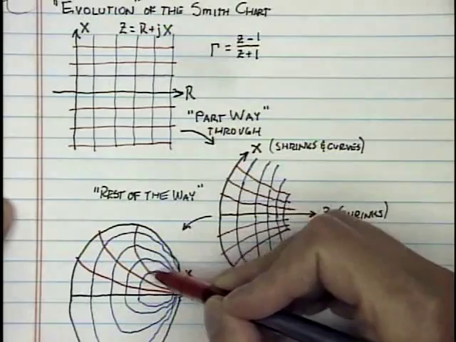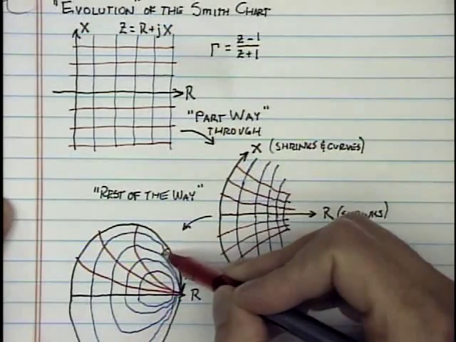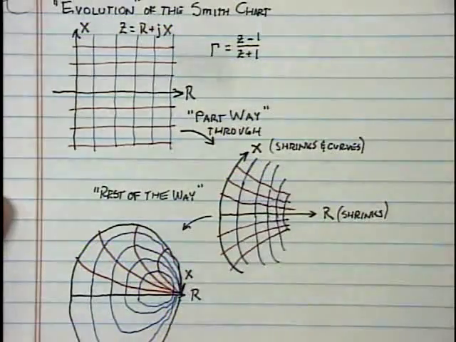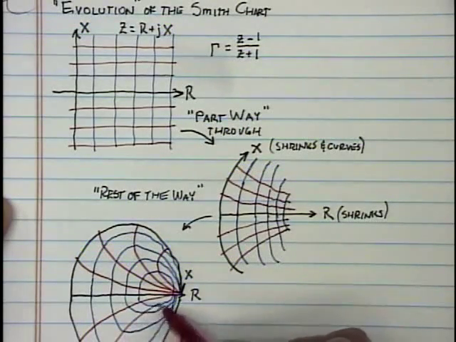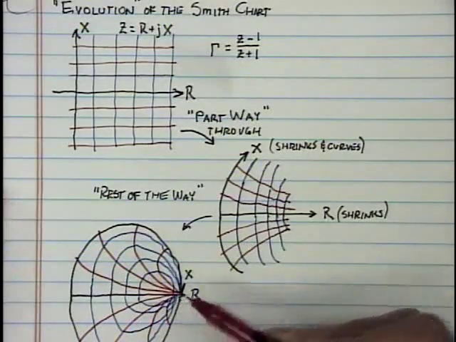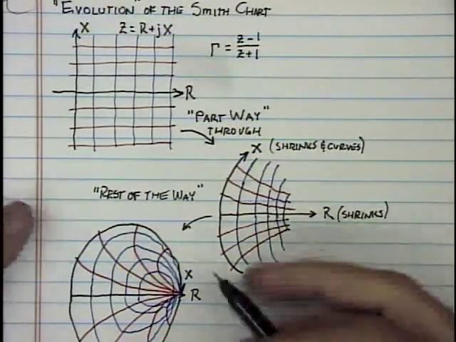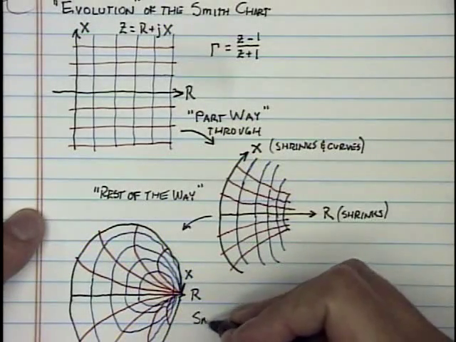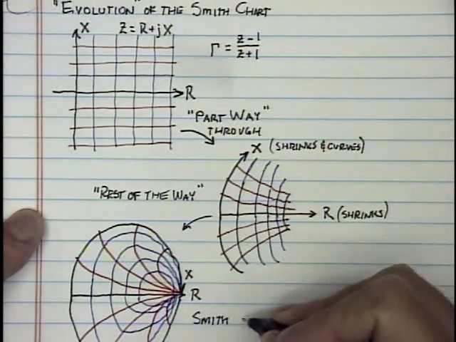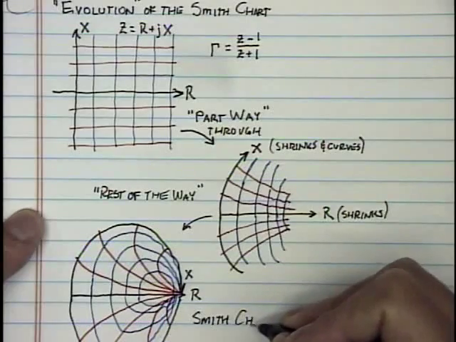They still intersect the blue curves at right angles. May not look like it on my drawing, but check out a Smith chart and you can convince yourself of that fact. They end up looking like that. And that, as I say, is my real bad rendition of the Smith chart.